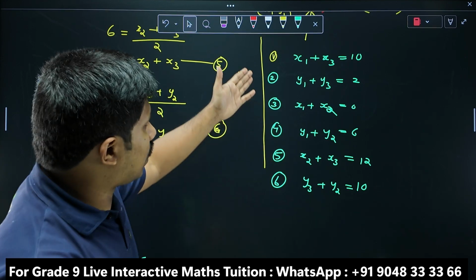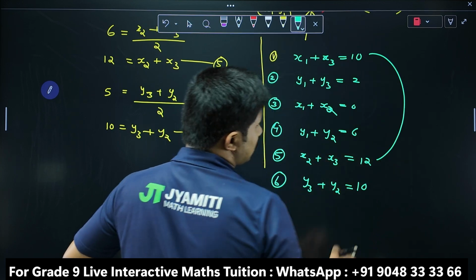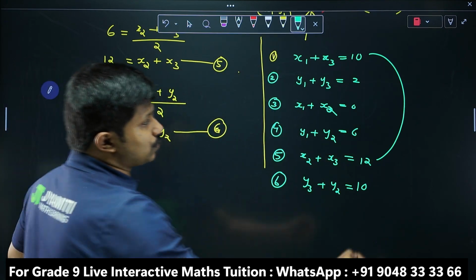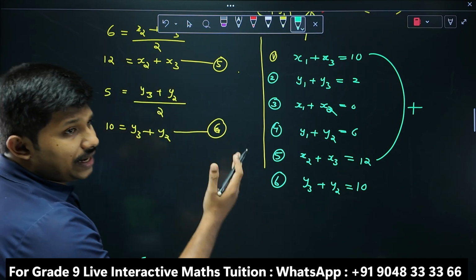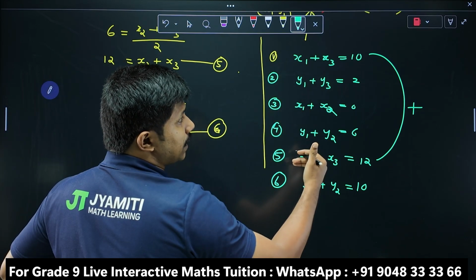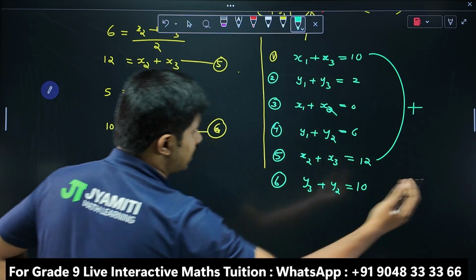Now look at equation 1 and equation 5. If you add these equations, what will happen? When you add equations, you have to add the left sides separately, then put the equal sign, and add the right sides separately.